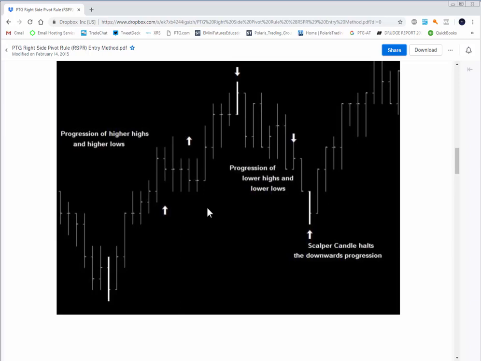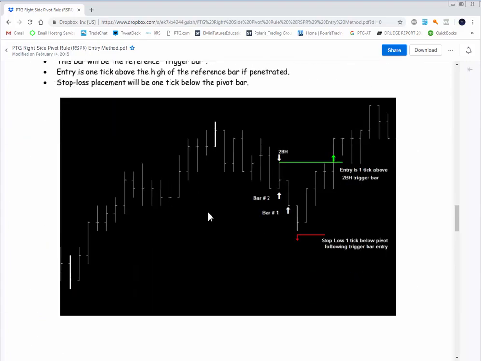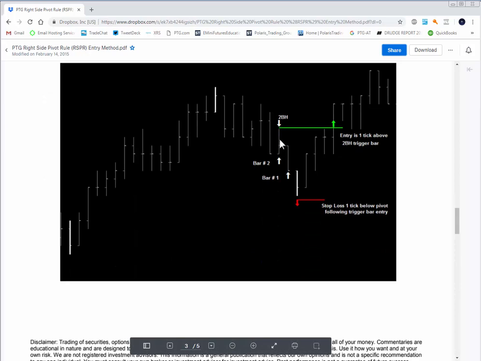It's also part of the logic of the auto trade assistant. So it's very important that you understand how a structure pivot is formed and what we would be looking for in terms of entry. Right side pivot rule: there is not a video on this. I believe this is only a document.